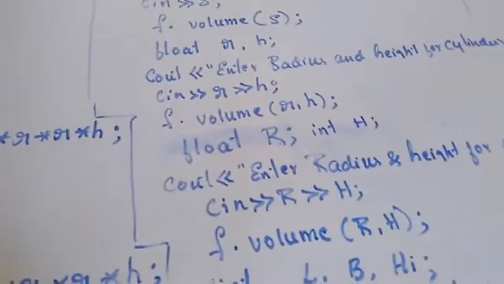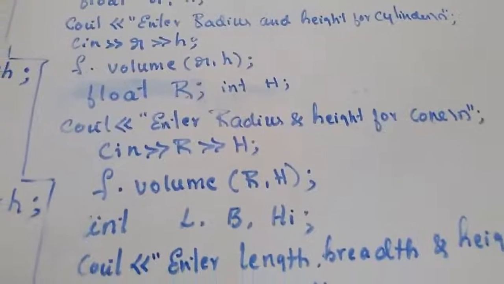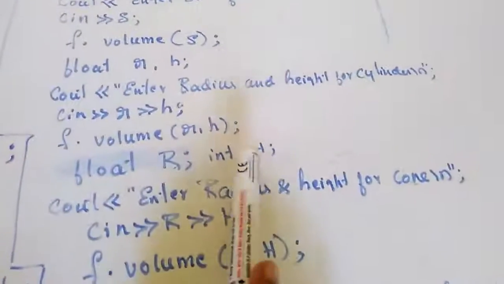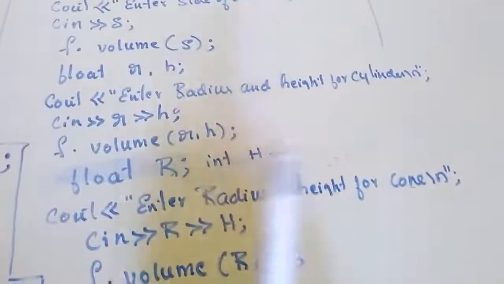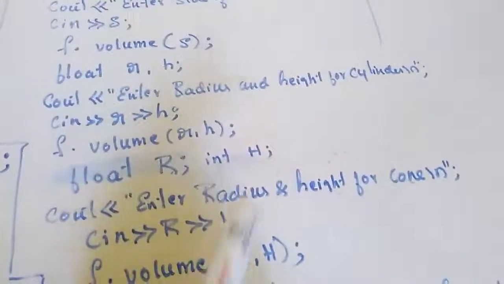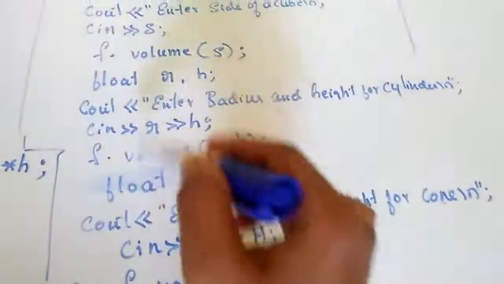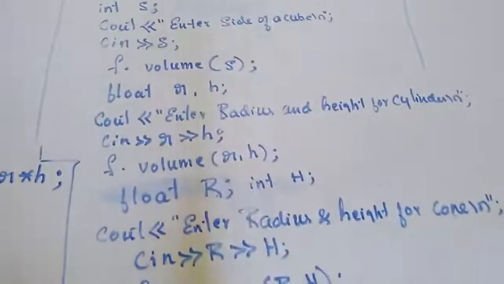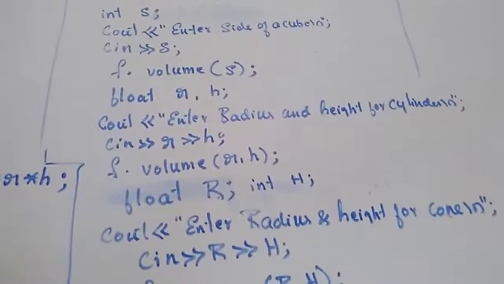After that, I am going to execute volume of cone. For that also I have to pass radius and height. See here, I changed the data type. What is the data type of height here? Integer. Here R is floating type. In that way we differentiated those functions. In this example, in the main function, already I have taken small r and h. We should not repeat the same identifier name in the same module.